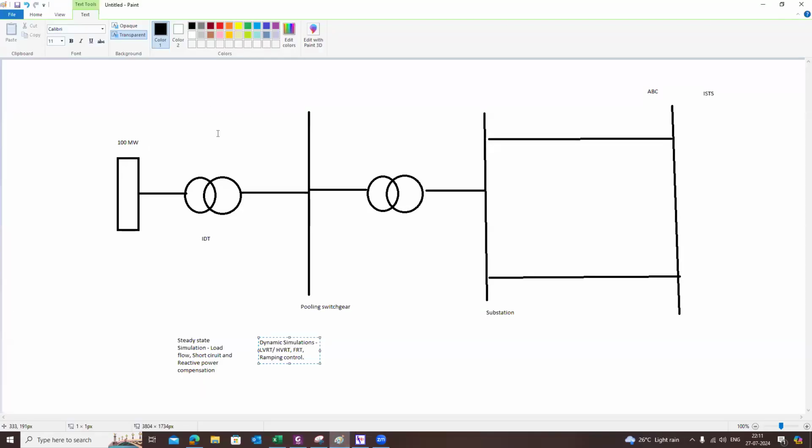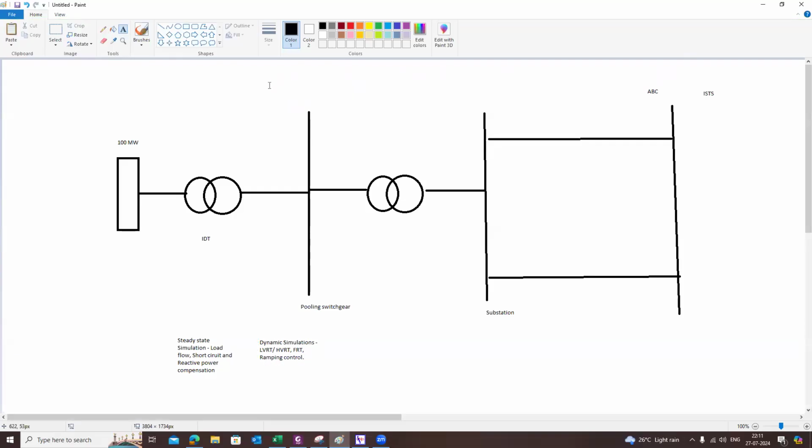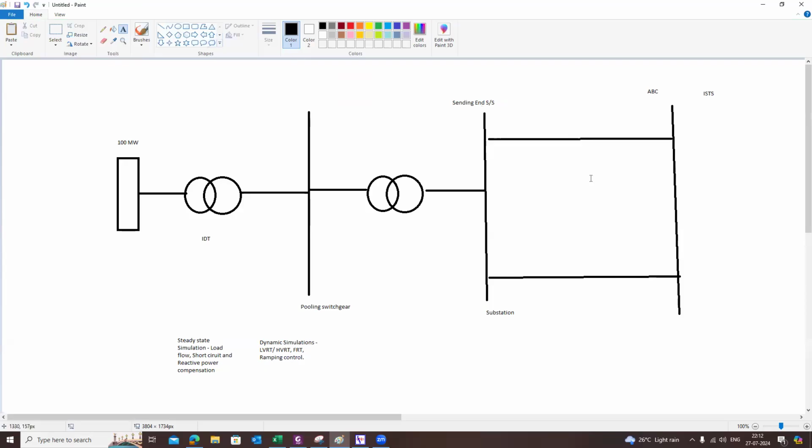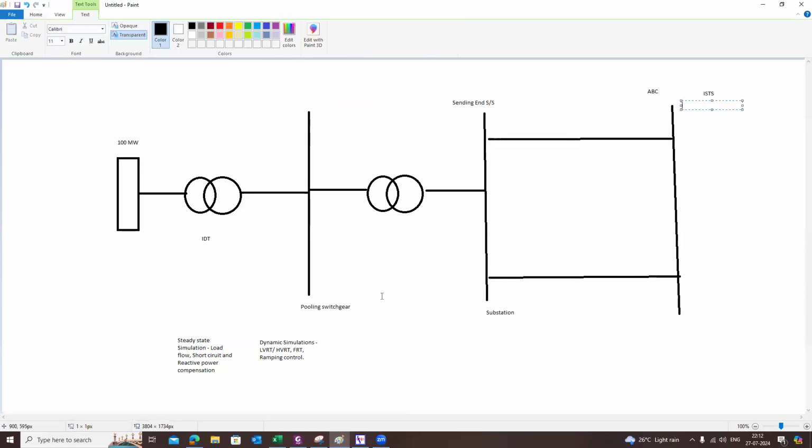Let's suppose this is the sending end substation, and this is the receiving end substation.